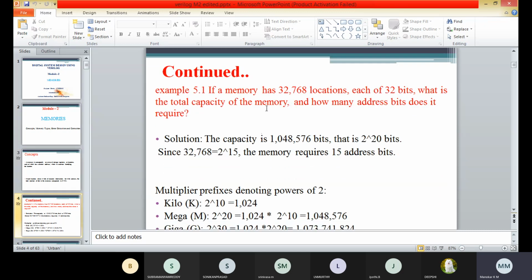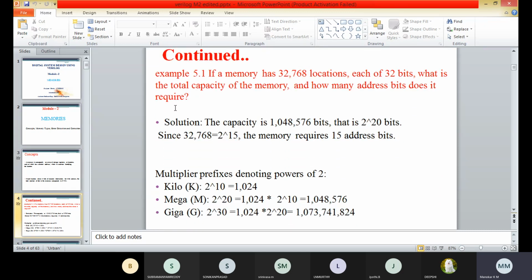You can take one example. If your memory has 32768 locations, each of 32 bits, what is the total capacity of the memory, and how many address bits does it require?